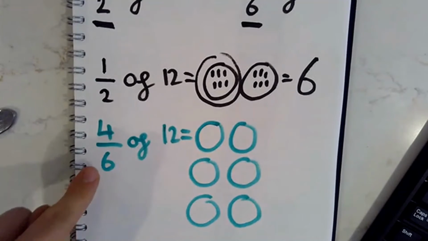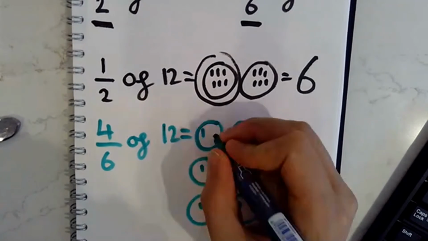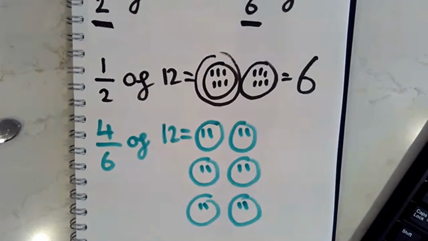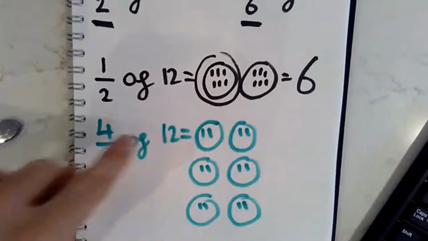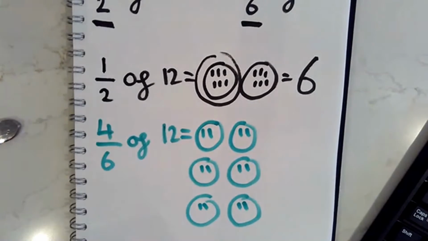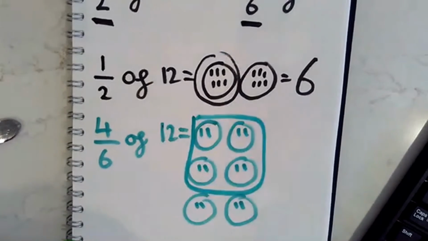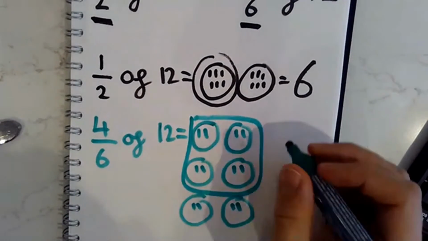Because my denominator is 6, I have 6 equal groups. 1, 2, 3, 4, 5, 6, 7, 8, 9, 10, 11, 12. But I don't want to know what 1/6 is. 1/6 of 12 is 2. It's asked me what 4/6 of 12 is. So I need 4 groups of 2, which is 1, 2, 3, 4, 5, 6, 7, 8.